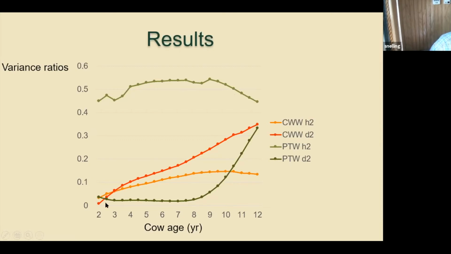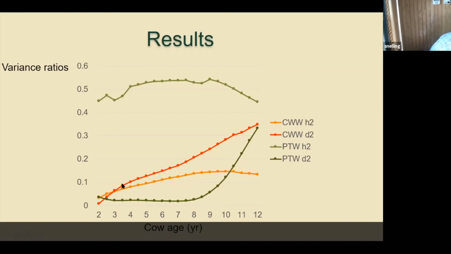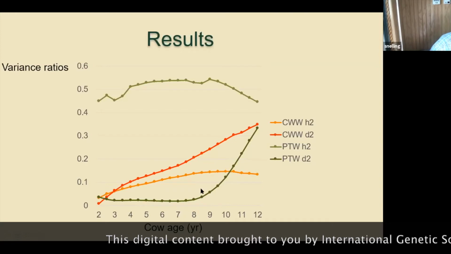The dominance is negligible for cow weight up until about age 8 when it starts to increase, and after age 3, dominance is about double the heritability on weight weaned.